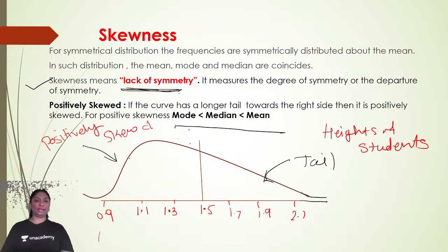If you observe, the heights of most students vary between 1.1 and 1.5, so the maximum values vary on this side of the central value.